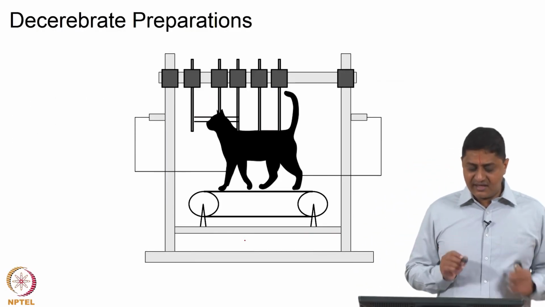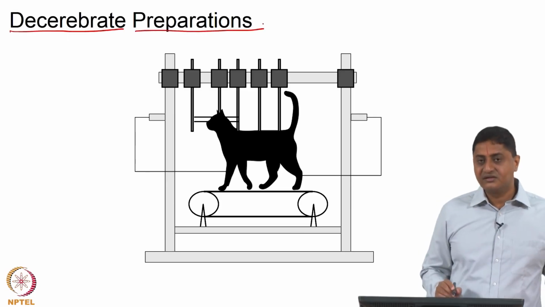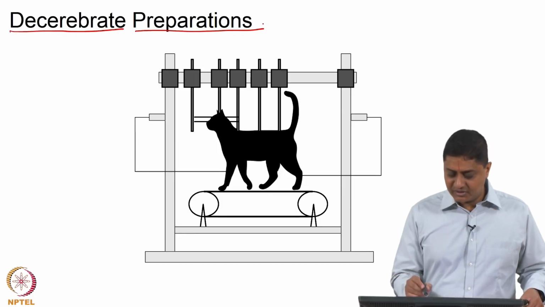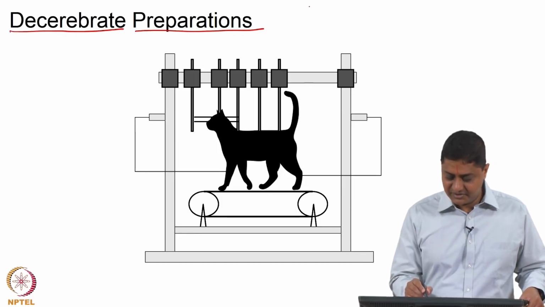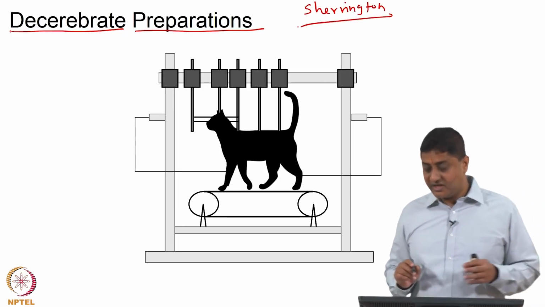Then there is the case of decerebrate preparation, an invention or a discovery of Professor Dr. Charles Sherrington. Sherrington came up with an interesting approach to studying cat locomotion.